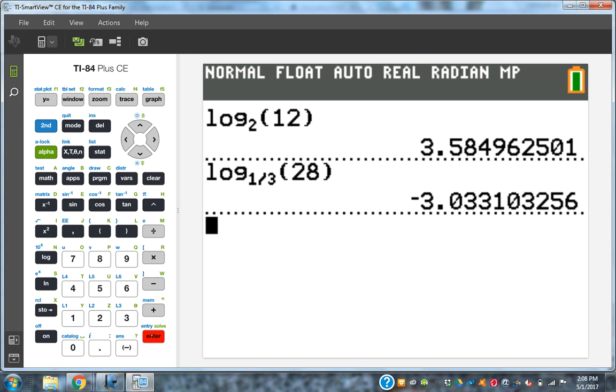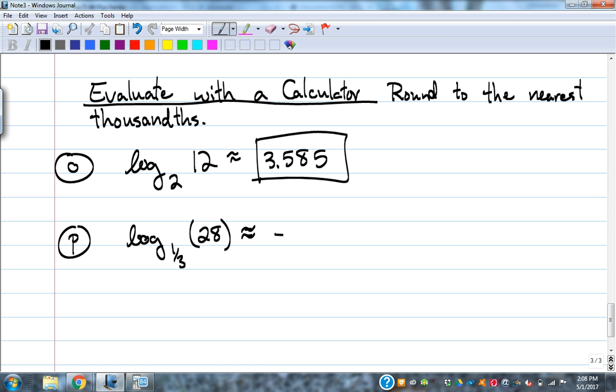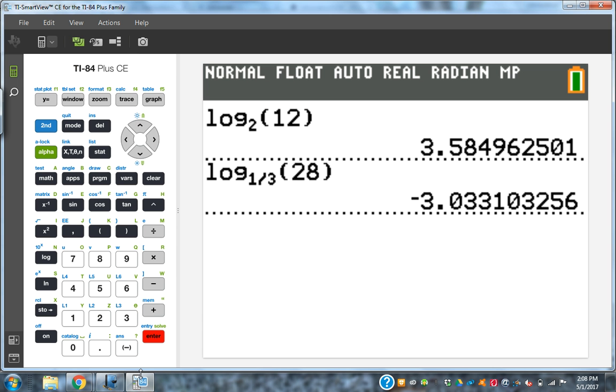If it was 27, it would have been just plain -3, but it's 28, so it's -3.0033. So rounding rules. Remember, you look at the number after what you want to stop at. If it was a 5 or bigger, this would go up. That's a 1, so it stays the same.